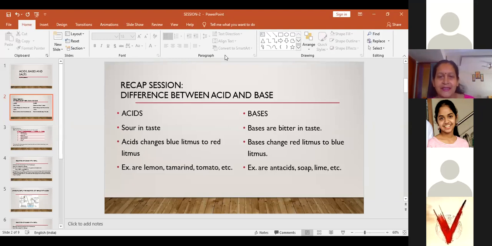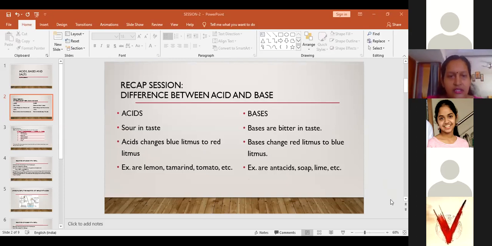Okay, good work Yuvika. I think she is the only one who has found certain examples of common acids. Now can we move forward? Yes, ma'am.